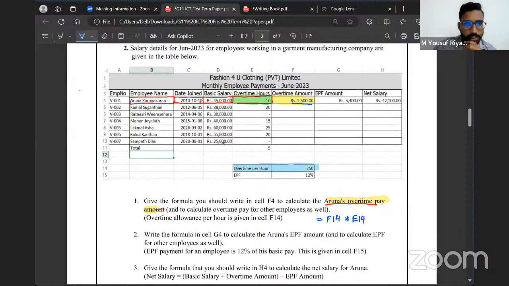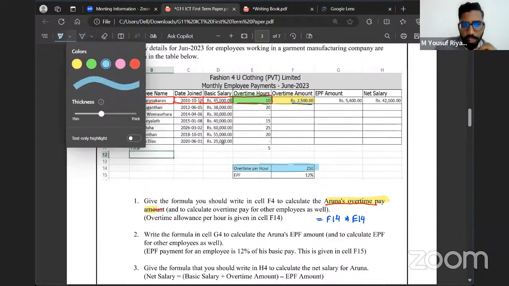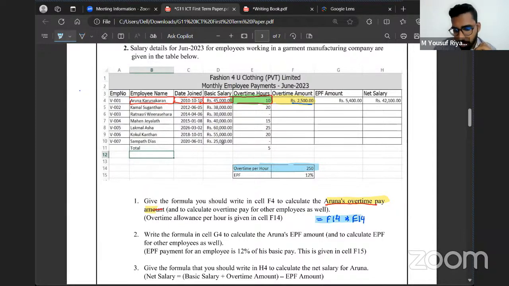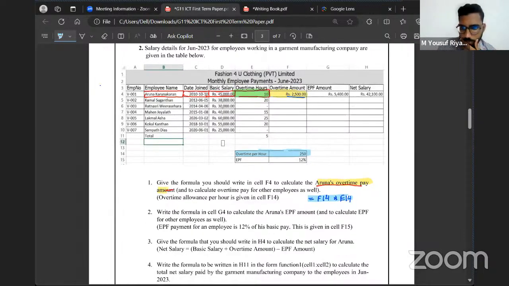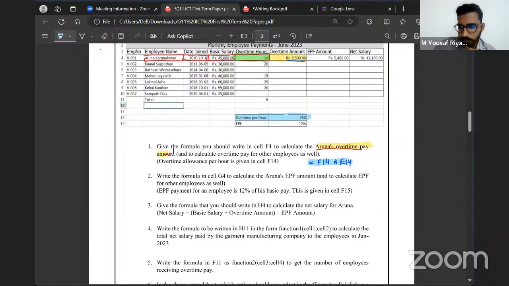Before I come to that mistake, first of all, tell me, are you clear with how I got this formula F14 into E14? All of you are clear with how I got this value? Is that clear? Fine. Now, I found the formula now.